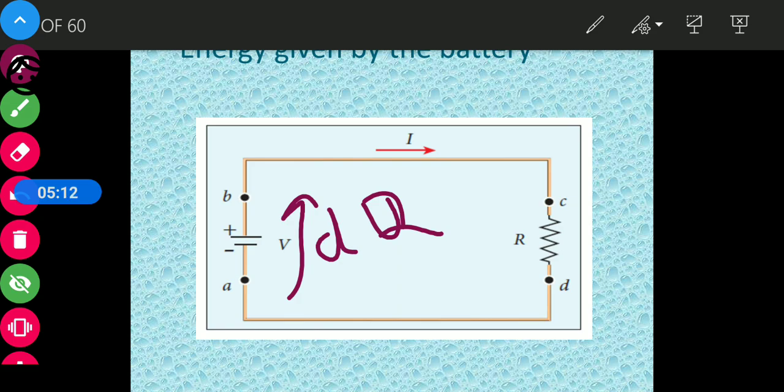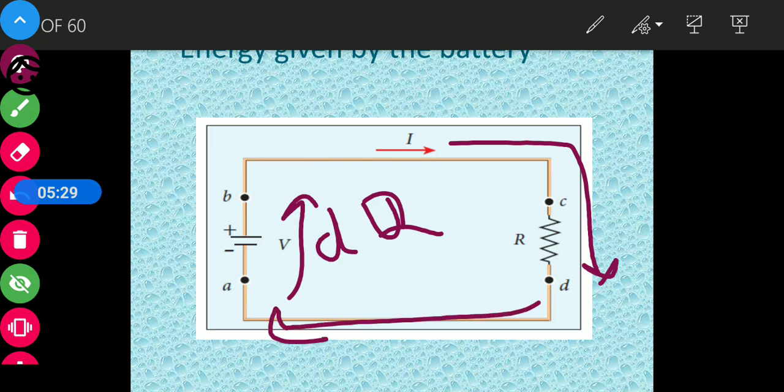So it is absorbing energy from the battery, and then when this charge passes through the resistor CD, due to the resistance of the resistor, this energy is consumed here. Again the charge passes through the battery and absorbs the energy.